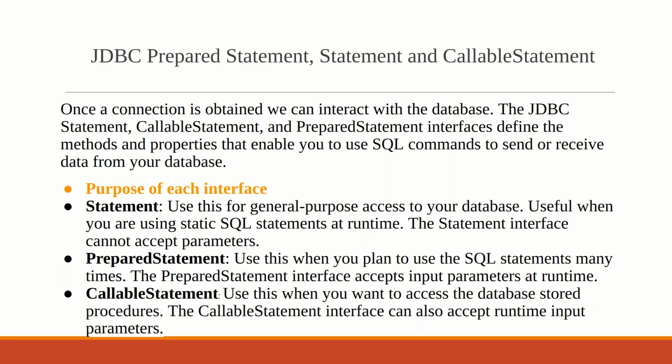One is called prepared statement, another is called statement, another is called callable statement. These help us in executing our SQL commands or queries, but some can be used for the same thing, while others are meant for specific actions.